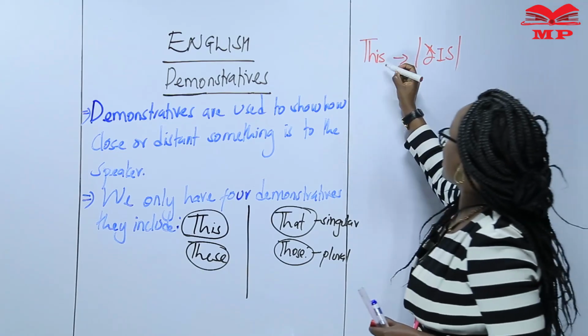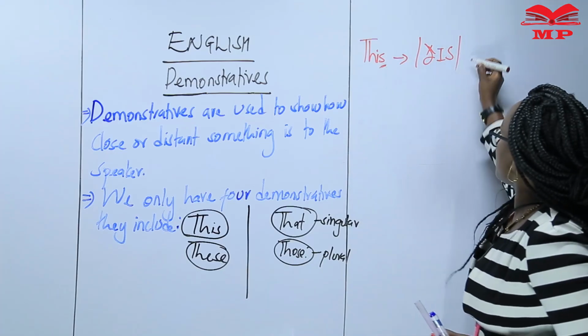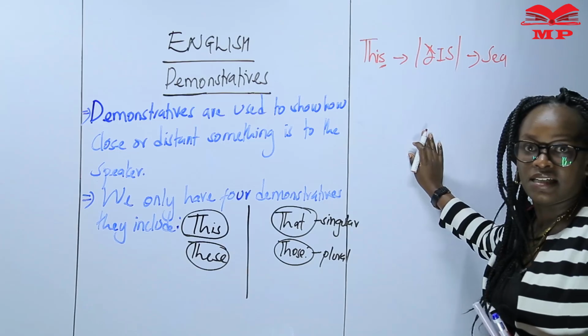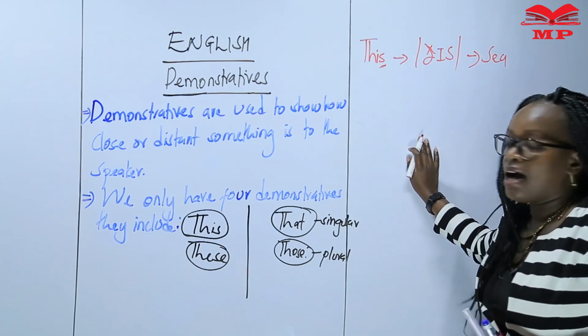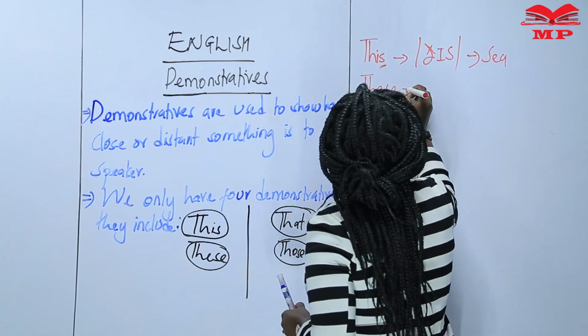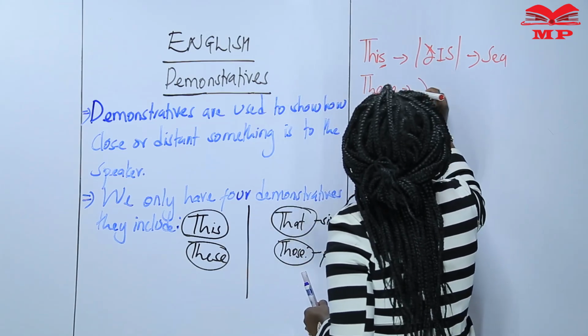And then this S is pronounced the same way you'll pronounce the S for a word like see. So this. And then for the other one, this is how it is transcribed.